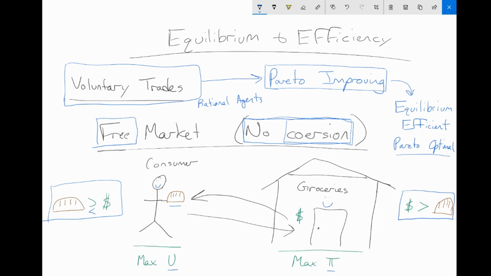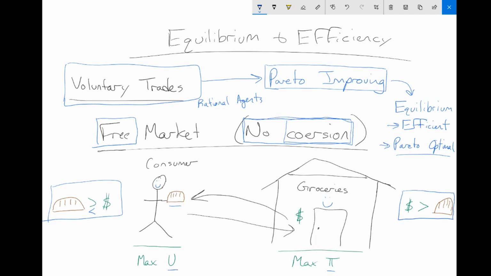The economy will proceed, making exchange after exchange, until all the possible Pareto improving exchanges have been made. When there are no Pareto improving exchanges left, there are no voluntary trades left, then the trading will cease and we will have reached an equilibrium. And that equilibrium will be efficient because it is Pareto optimal.